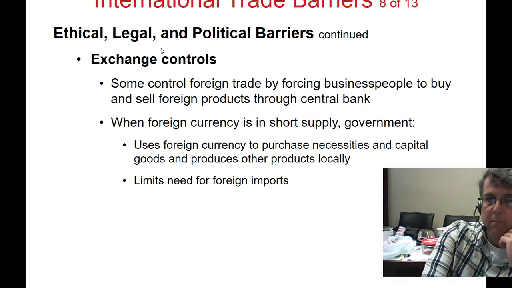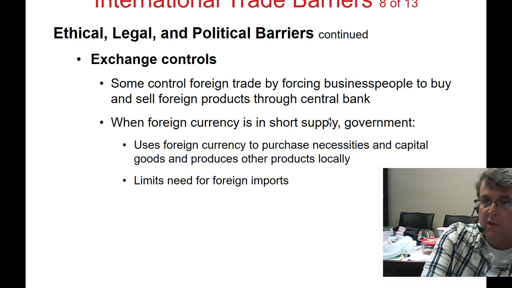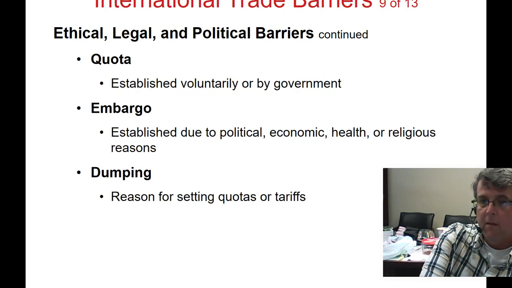Exchange controls. Some countries control foreign trade by forcing business people to buy and sell products through their central bank. This is a big problem. When foreign currency is in short supply, the government can implement exchange controls. Quotas are established voluntarily or by a government.